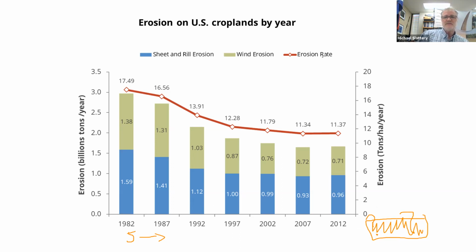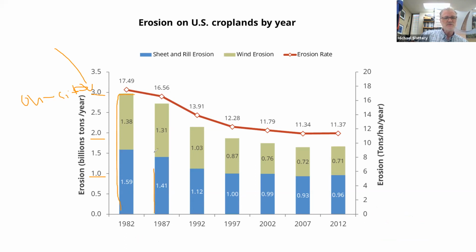from the USDA. So what we're looking at here on the left axis is on-site, and I need to emphasize that, on-site erosion in how many billions of tons per year. So that's 1 billion tons, 2 billion tons, 3 billion tons. And that relates to these vertical columns. The columns have been split out into erosion by wind, that's the top one, and erosion by water.